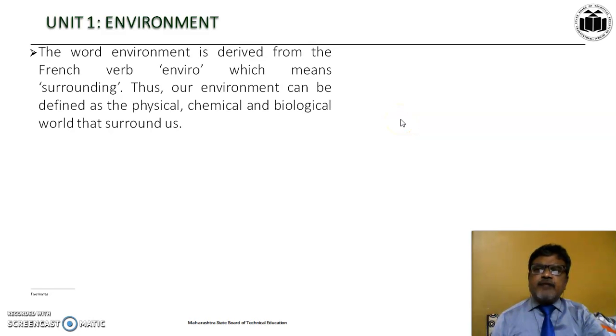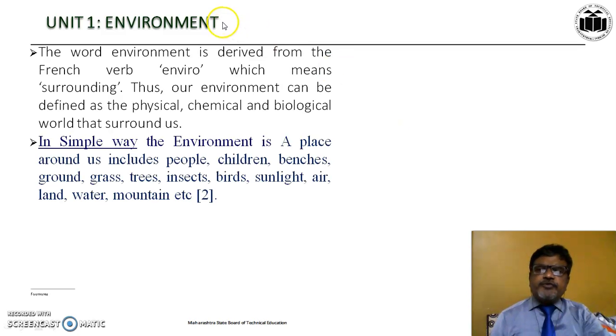The word environment is derived from the French verb enviro, which means surrounding. Therefore, our environment can be defined as the physical, chemical and biological world that surrounds us. In a simple way, the environment is a place around us including various biotic and abiotic components.